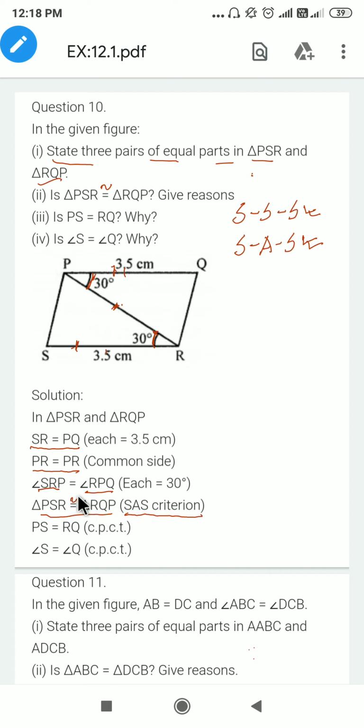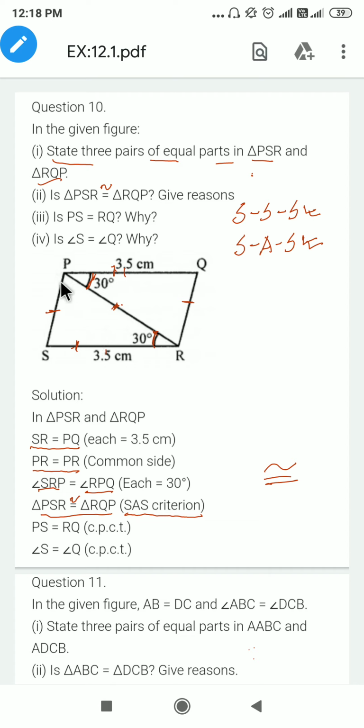This is the congruent sign. Okay, this way equal, and then this type of sign. So again we know that if two triangles are congruent, then their corresponding sides and their corresponding angles are equal. So PS is equal to this corresponding side. Clear?